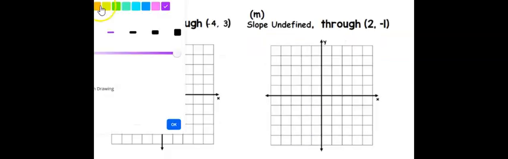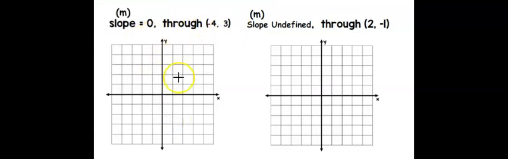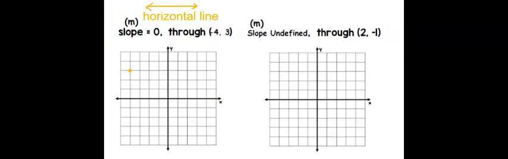Okay, this next one we'll do together. They gave us the point -4, 3. So we're going to start there, -4, 3. And they say, hey, it's a slope of 0. So this is a horizontal line. Because it has a slope of 0, you need to just know this is running horizontally.